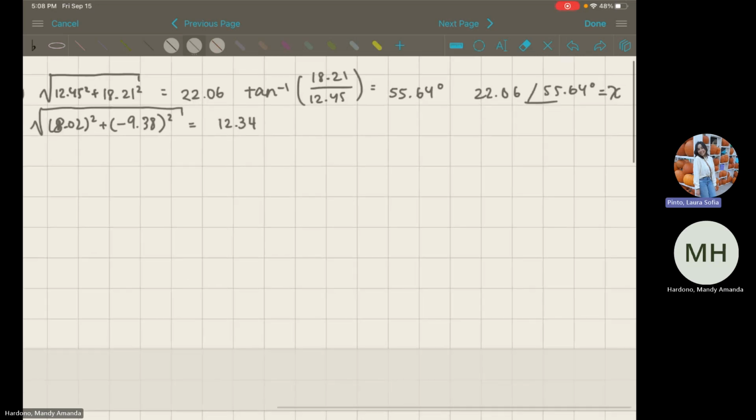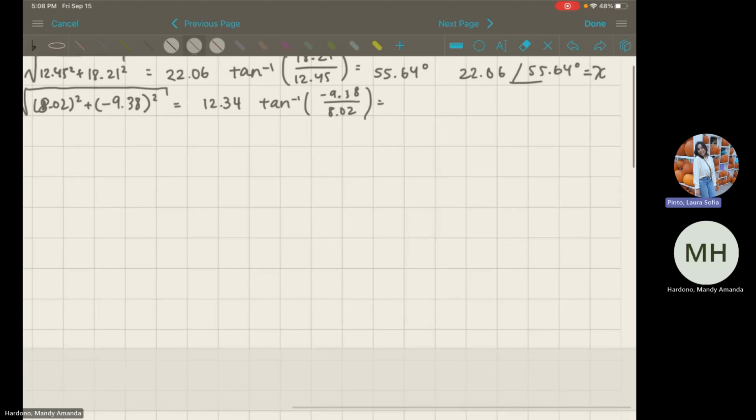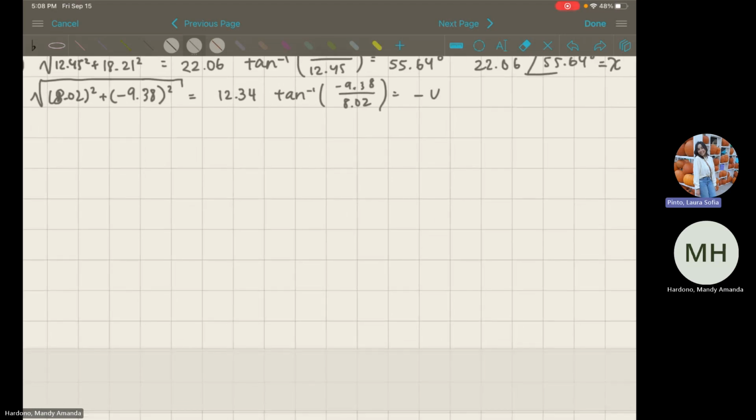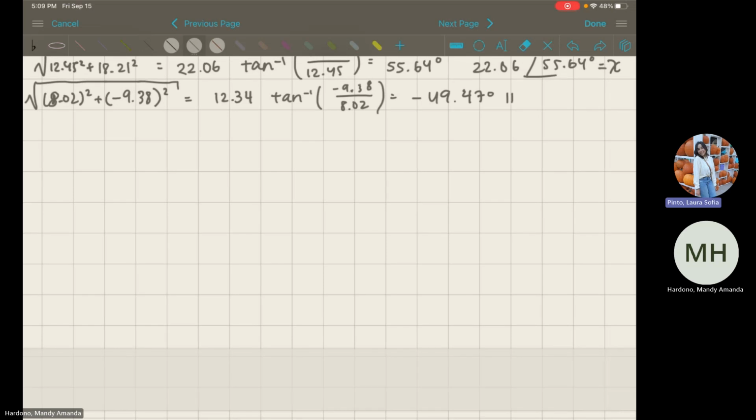Then for our angle, negative 49.47. Do we have to adjust or no? No. Very good. So negative 49.47, that's around it. Then we'll write it the same way for Y.